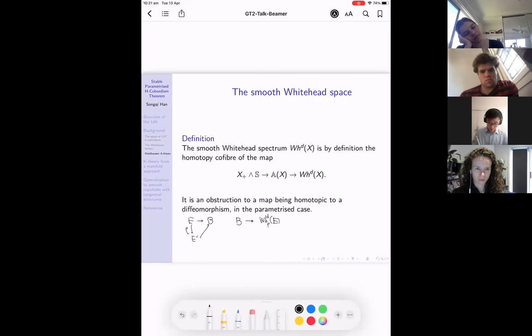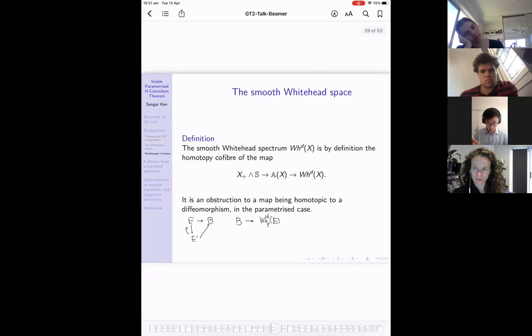So we have a torsion, and if this torsion is not null homotopic, then this bundle map cannot be homotopic to a bundle diffeomorphism.